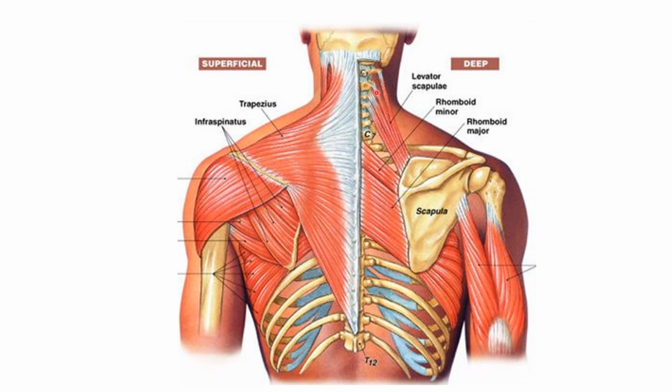So origin is from C1, C2, C3, C4 cervical vertebrae. It is inserted into the superior angle of scapula, the medial border of the scapula from the superior angle up to the root of the spine. That is the extent from the superior angle of scapula to the upper part of the root of the spine of scapula.